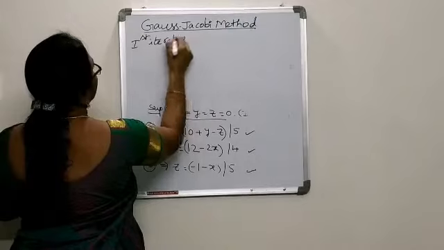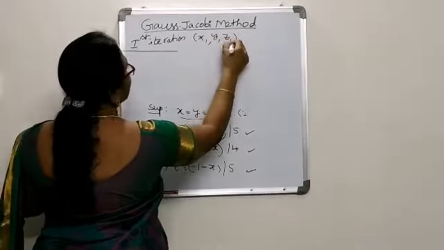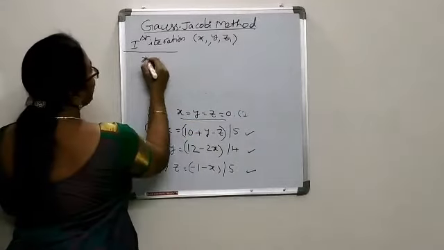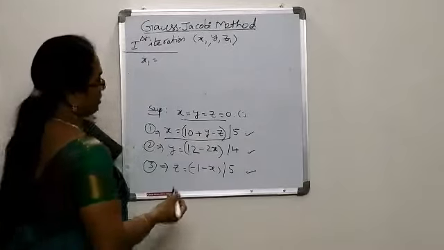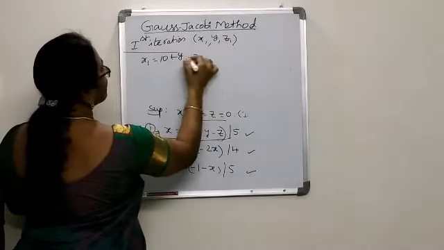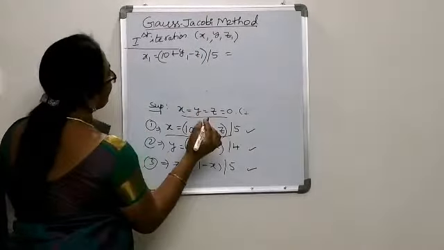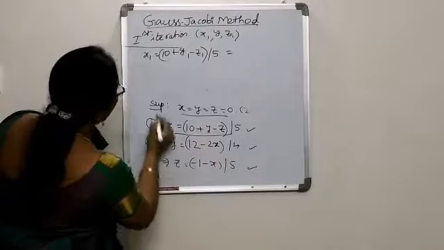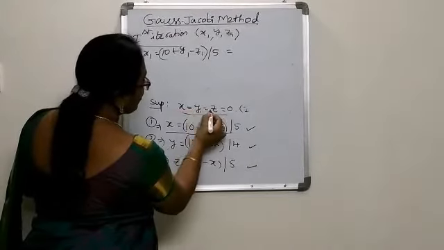First iteration. The first iteration always gives us the set of values x1, y1, z1. Now to calculate x1, we use the x equation: it is (10 plus y minus z) by 5. Because we are getting the value of x1, we have to use the initial values y0 and z0.